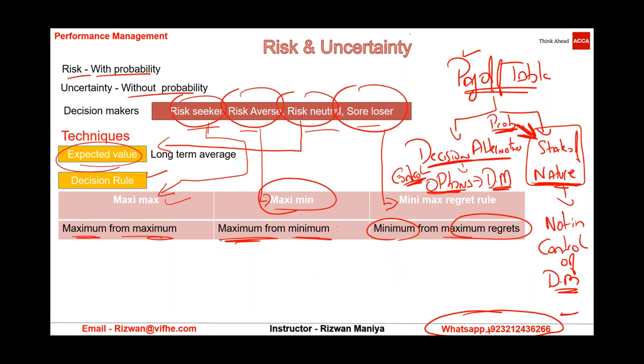From minimum payoffs, select the maximum one. So you have to read it like this: from minimum payoffs, select the maximum one.